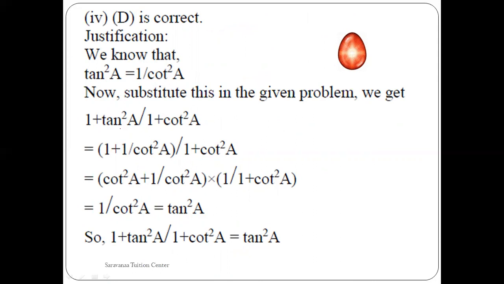We get 1 plus tan square A by 1 plus cot square A. You need to substitute instead of tan square A, that is 1 plus 1 by cot square A by 1 plus cot square A. Take LCM, that is cot square A plus 1 by cot square A into 1 by 1 plus cot square A. 1 by cot square A equals tan square A. So 1 plus tan square A by 1 plus cot square A equals tan square A. Okay, good job, we have done it.